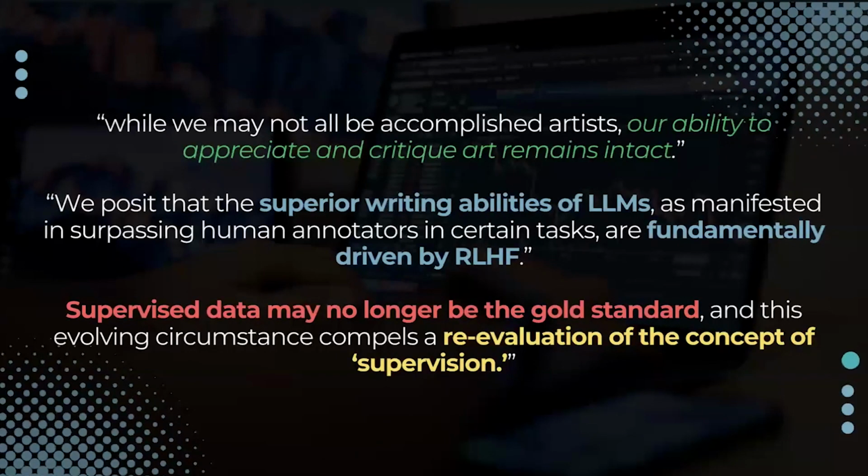We posit that the superior writing abilities of LLMs, as manifested in surpassing human annotators in different tasks, are fundamentally driven by this RLHF. And they said supervised data may no longer be the gold standard. In fact, reevaluation of the concept of supervision is what we're calling for. Okay, hold on. What are they talking about?